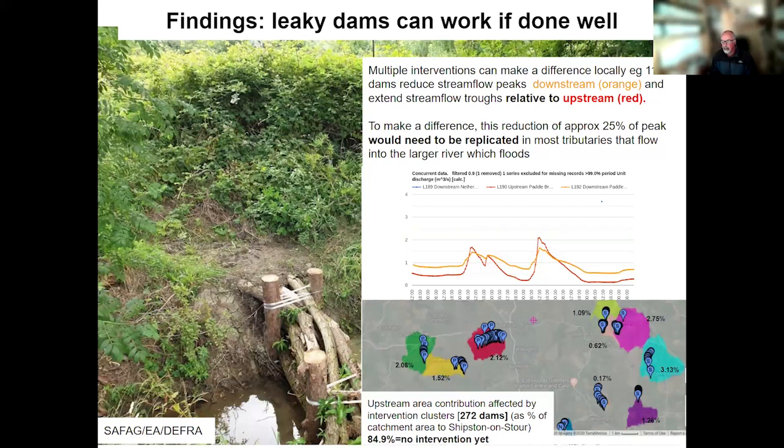And although there were 272 dams that were affecting sub-catchments of the Stour here, even after building all of those, nearly 85% of the catchment was still not covered by these features. But nevertheless, this is big enough to have made a difference.